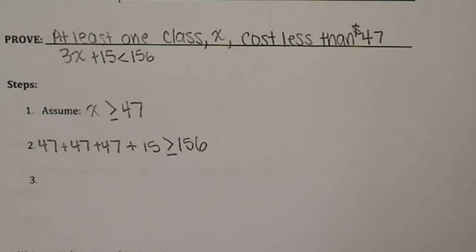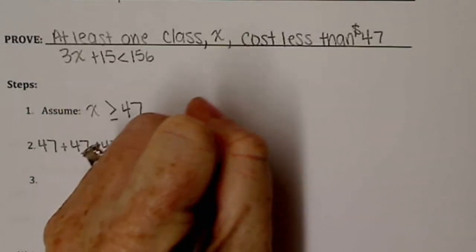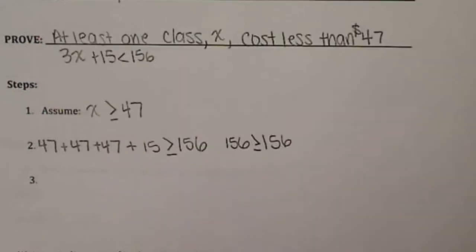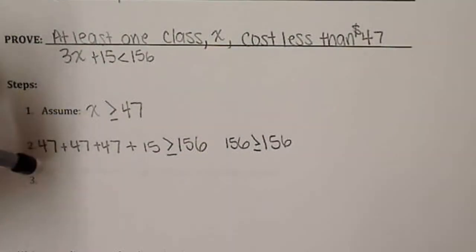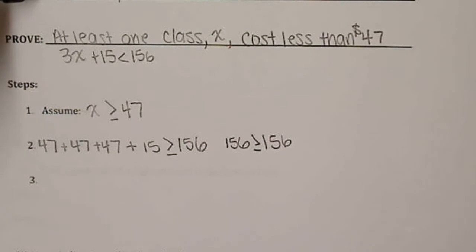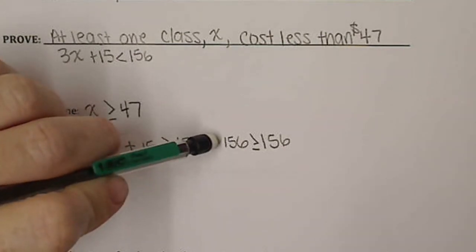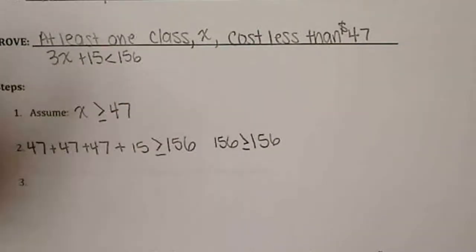If you solve that, you get 156 is greater than or equal to 156. That contradicts what we said, because the statement we said was that she spent less than 156. Here, she spent exactly 156, so that's not true.